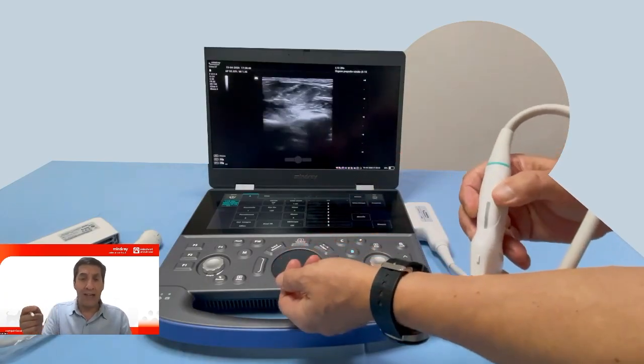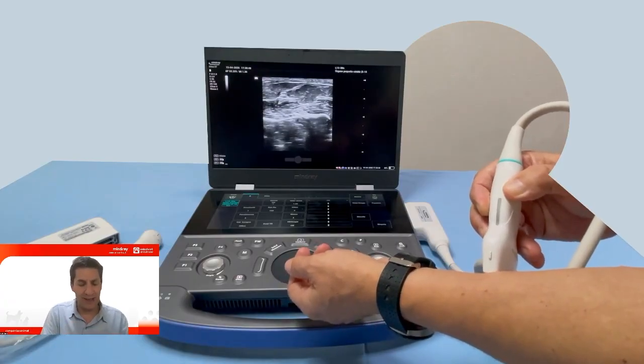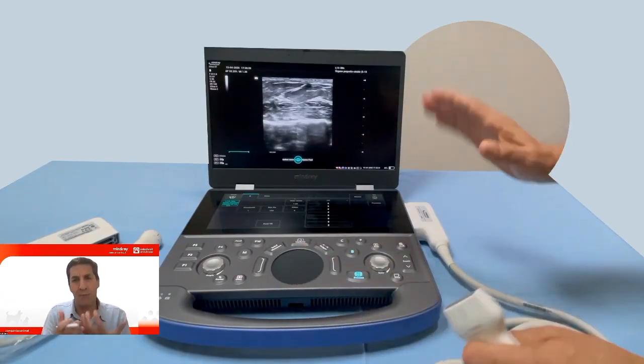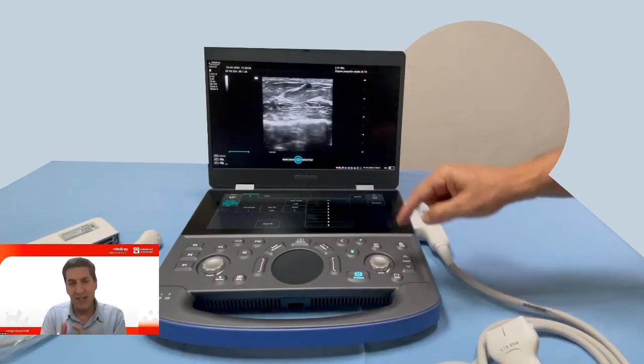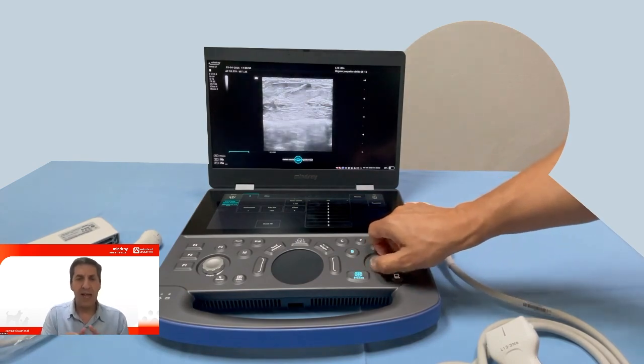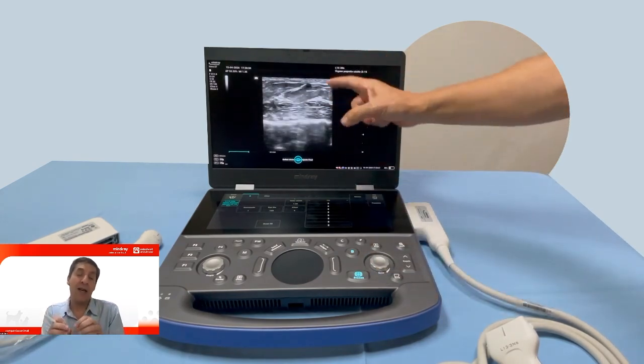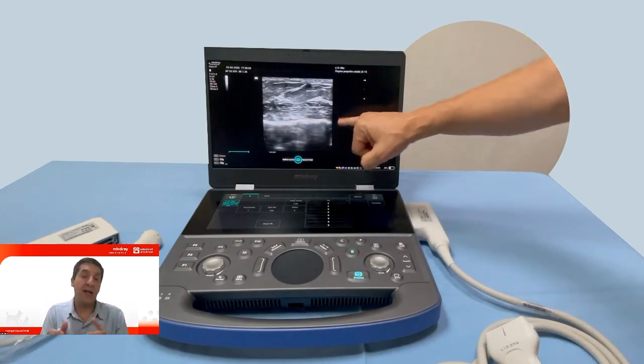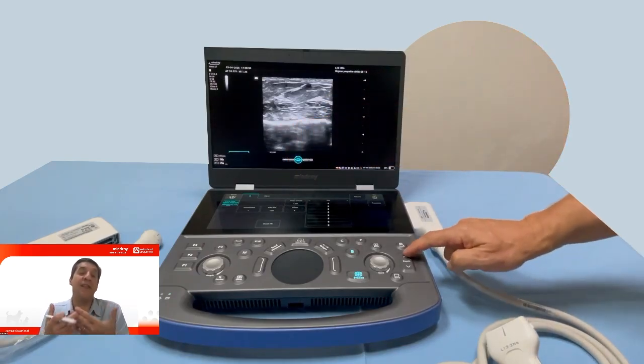Well, we attach the probe. As you can see, we have different types of probes. The linear, convex, microconvex, etc. And we use specifically the probe we need for every different block. You already saw that I moved this one, which is the setting to change the gain.